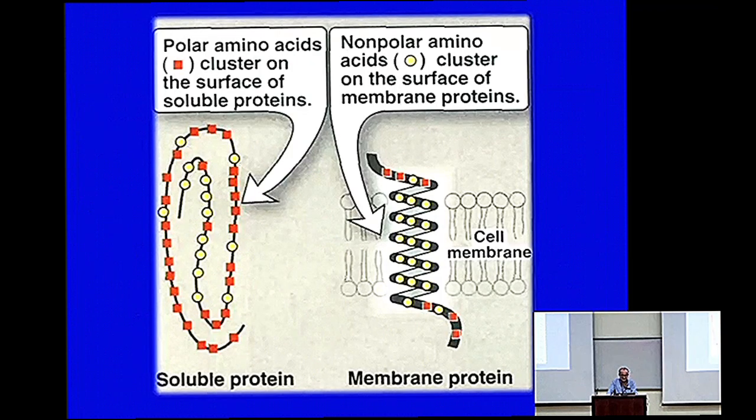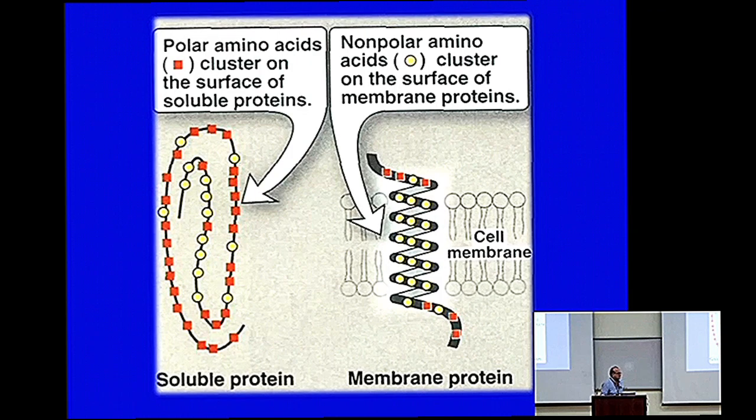Okay? So I'm going to go here to give you two distinct examples. The first example is this one here. I want you to think of this soluble protein. This could be serum albumin, a very abundant soluble protein in the serum, in the plasma. Here's the entire polypeptide.